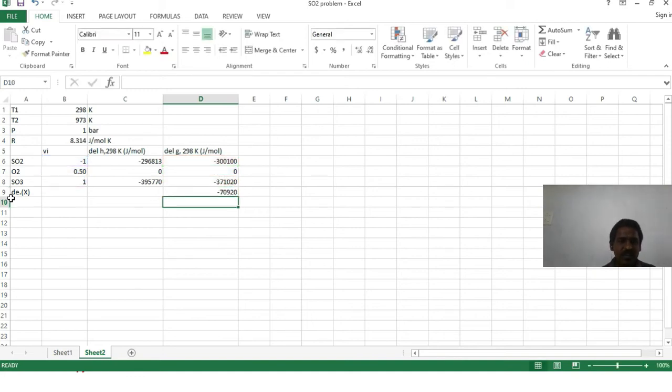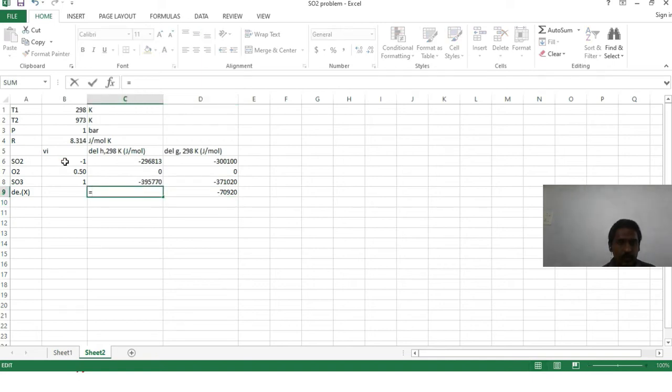Similarly, let us determine del H naught of reaction at 298 Kelvin, that is equal to the stoichiometric coefficient of SO2 multiplied by this value plus this value multiplied by this value plus this value multiplied by this value.